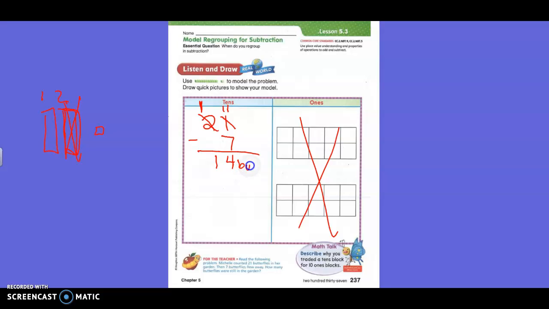Okay, you have to write butterflies. Fourteen butterflies. Okay, once you have that, turn your paper over so I know that you're ready to move on.